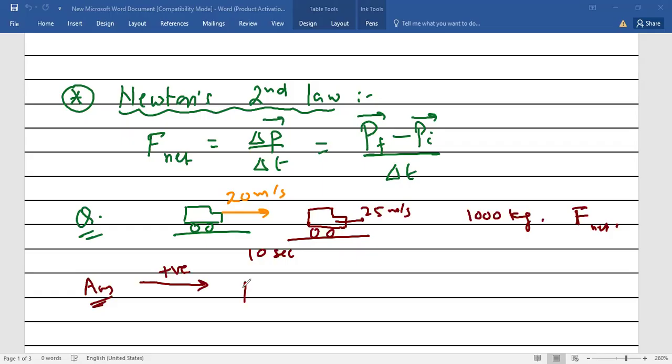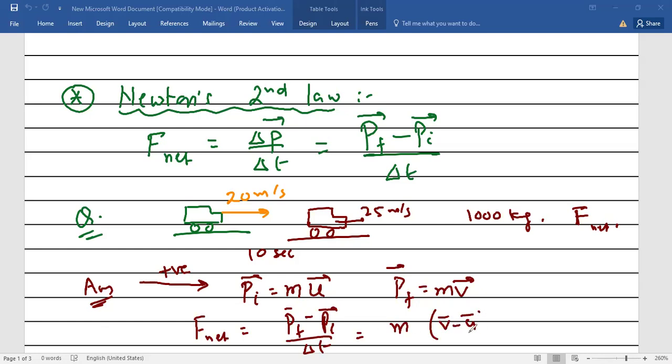So we can write initial momentum is equal to mass into initial velocity, and final momentum vector is equal to mass times final velocity vector. So our net force will become Pf minus Pi by delta T. Putting the values, m (v minus u) by delta T.